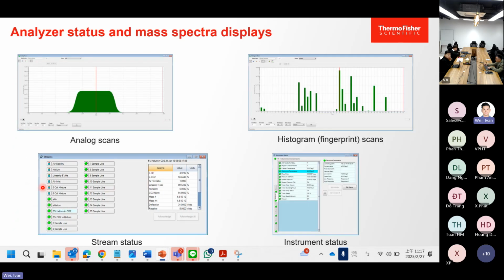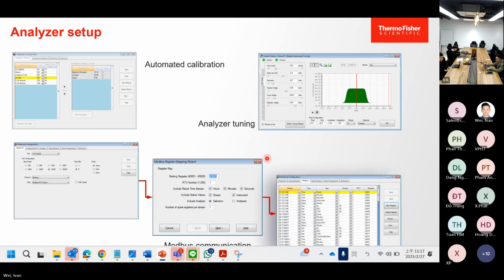Those are screenshots of our software. We have the histograms, the trends, and also the stream status and instrument status. All of this can be reported to the customer sites. They know what's going on with the analyzers, what happened to the sample streams, and if any errors happen. Anything can be set up automatically.